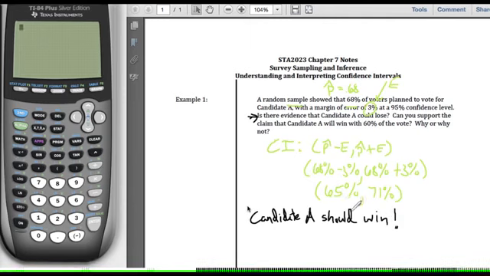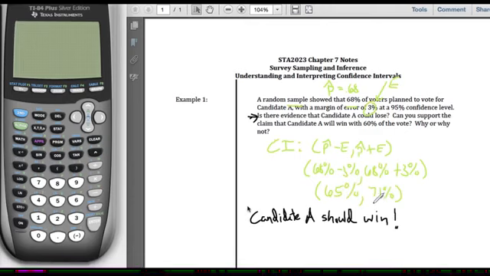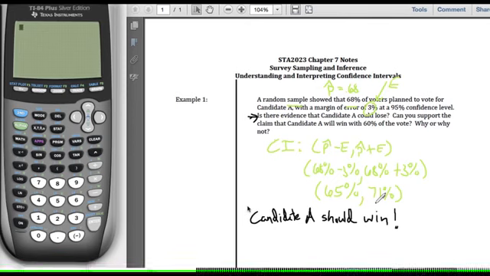If the candidate gets either of these numbers or any number between, he or she is going to have a majority of the vote. 65% only leaves 35% for the other candidate. So 65% to 35%, the candidate will win. 66% only leaves 34% for the other candidate, even less. All the way up to 71% for candidate A, leaves 29% for everybody else. So candidate A should win as long as this is accurate.